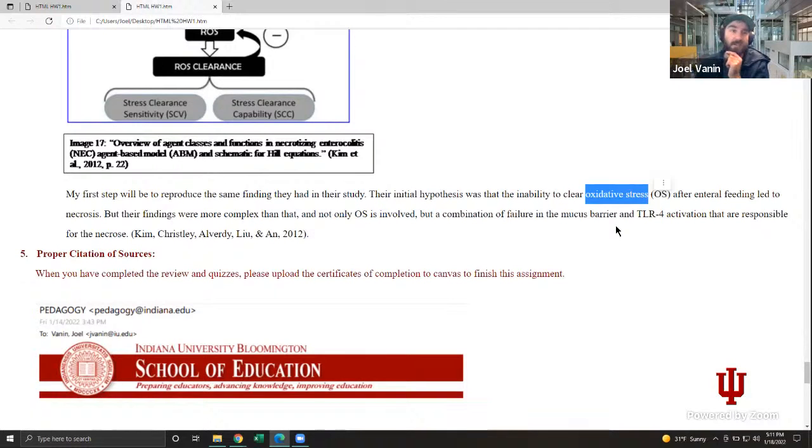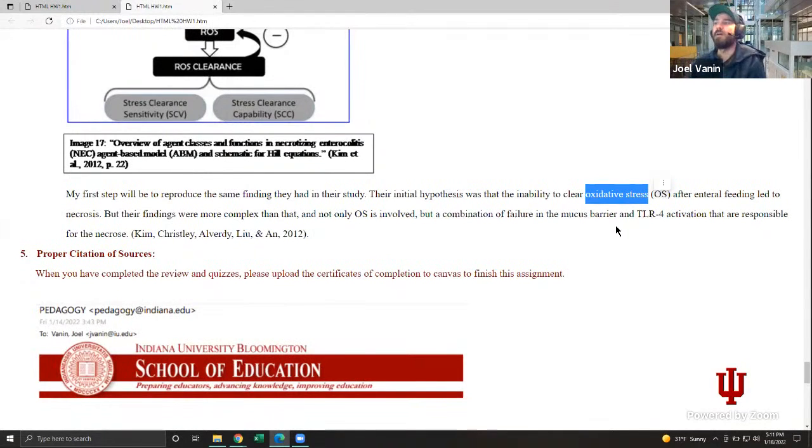But after their tests with their models, they noticed that there are more things involved. It was not only the clearing of the OS that was causing necrosis. It was possible to have a lot of OS in the system and necrosis was not started.